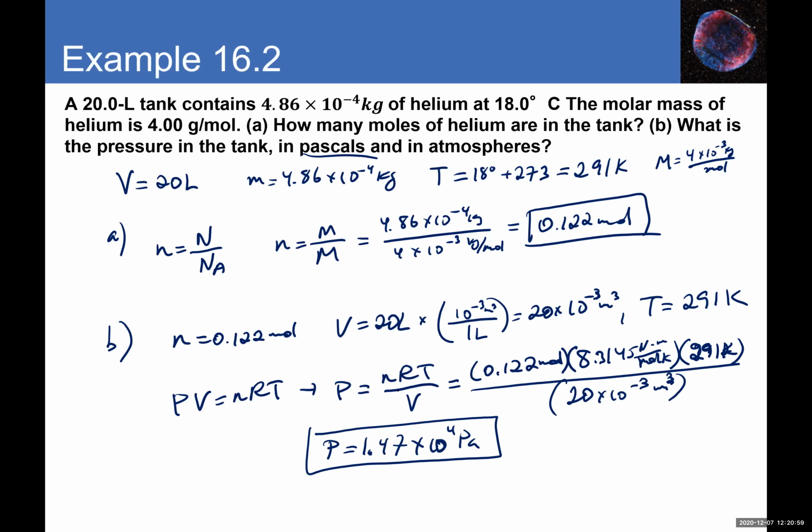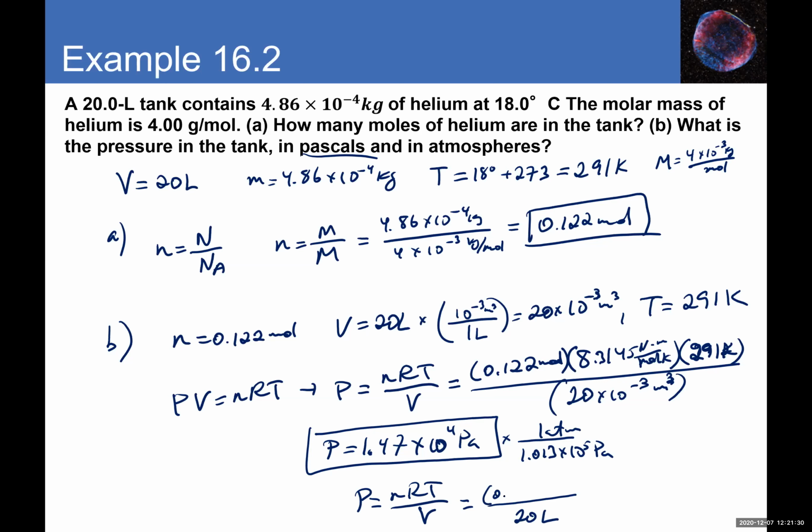Now, in order for me to get the atmosphere, I can do two things. I can take this and multiply, where 1.013 times 10 to the 5 Pascal is 1 atm, and calculate the pressure in atm. Or I can use the equation nRT over V, where the volume is in liters, so this can be just 20 liters.